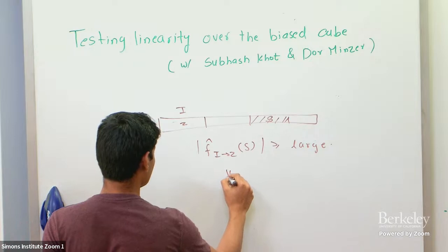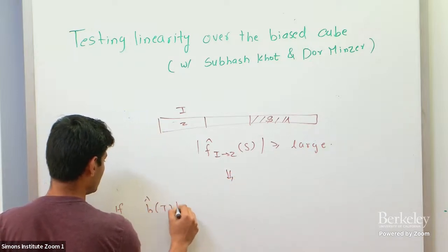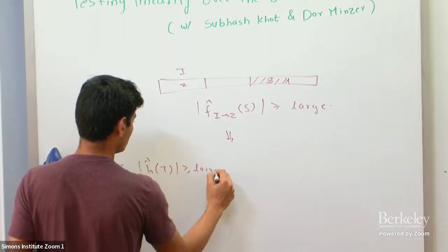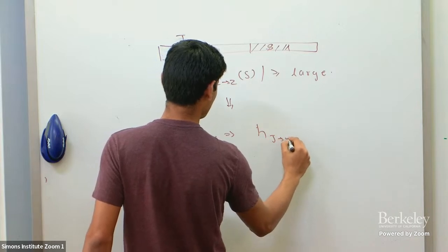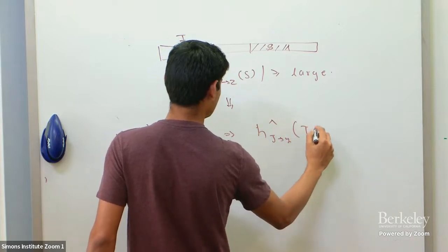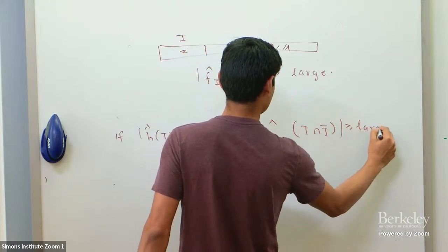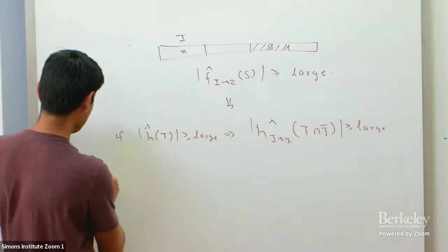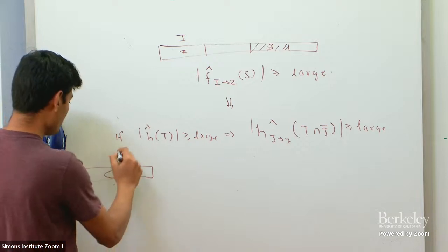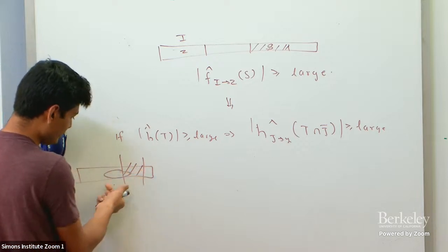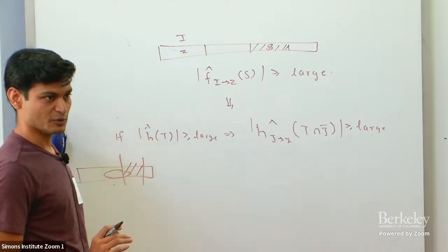You can say that assuming h hat of T is large, then for a restriction, h_J restricted to y at T intersection J complement is also large. All I'm saying is that if you have an original function and some Fourier coefficient is large, then if you restrict a few coordinates, the same Fourier coefficient stays large in the restricted function with some decent probability.